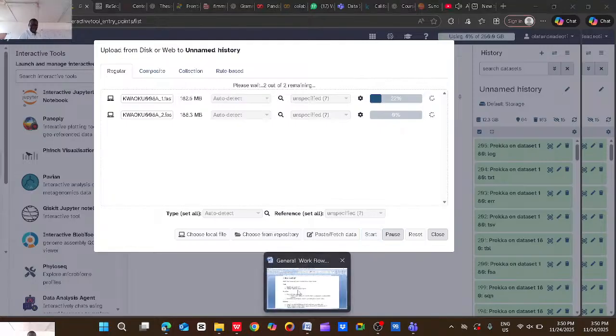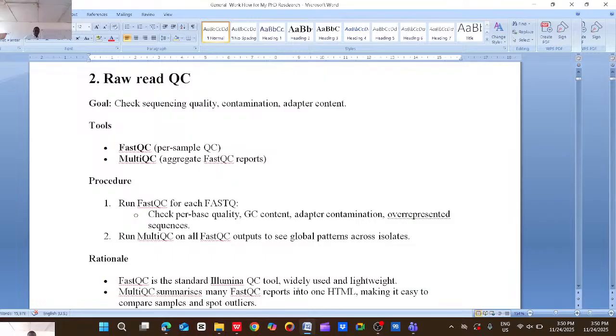Now, another thing I want to tell you is that if you look at what I've just displayed here, you will see the tools: raw read QC. So we want to check the quality control. We want to clean it. We want to check how clean your data is.